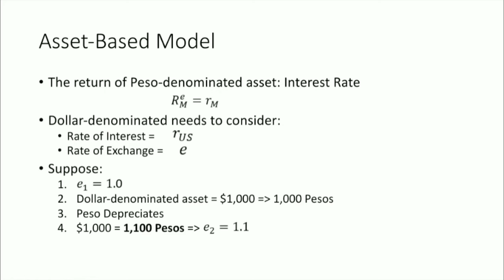And then let's assume that the peso depreciates and the $1,000 value became 1,100 pesos. So that's the rate of return that we get. Therefore we can see also that the exchange rate changed to 1.1 from 1.0.